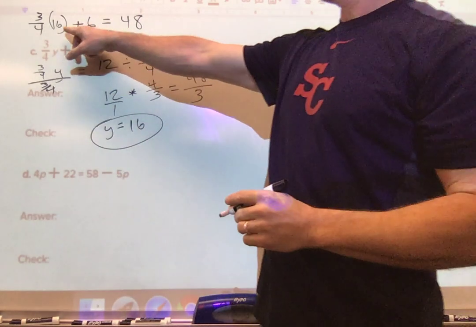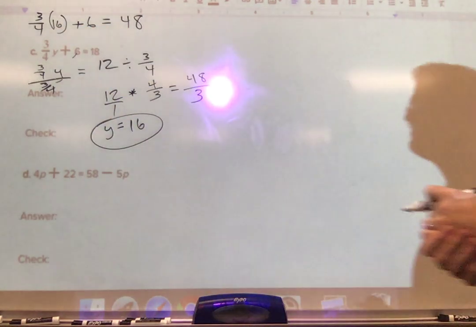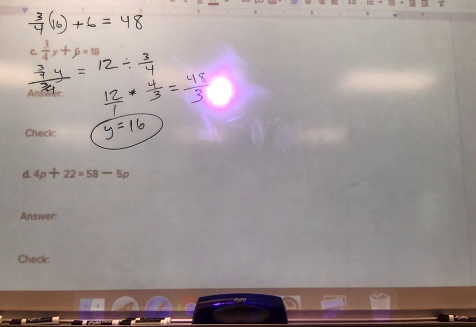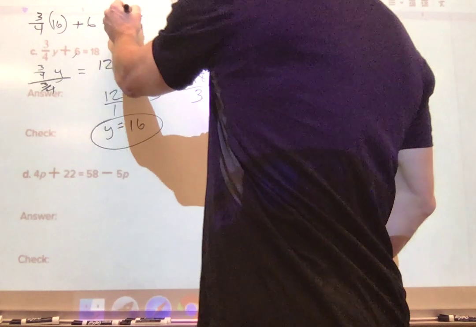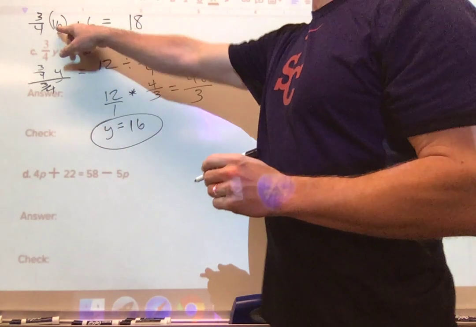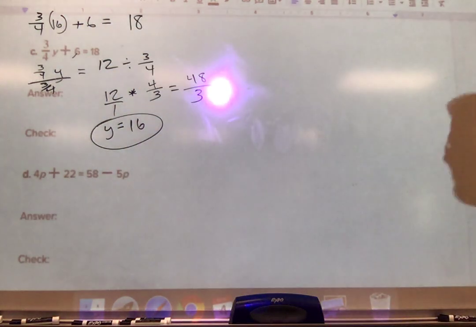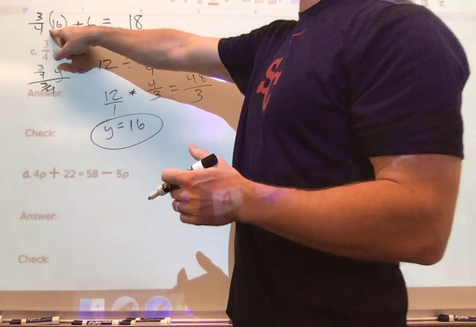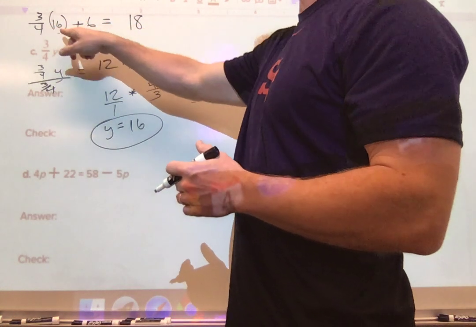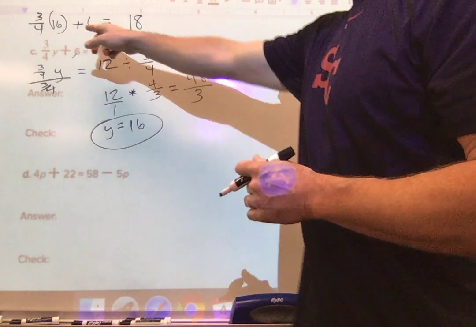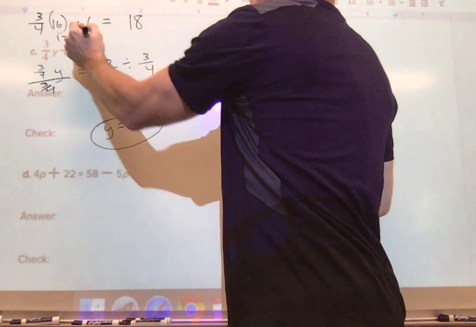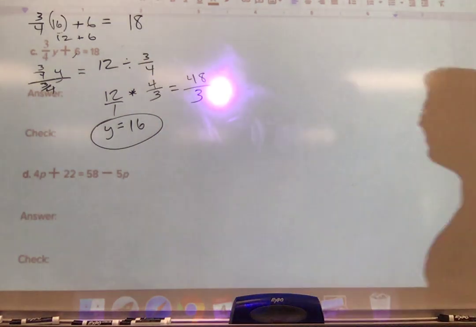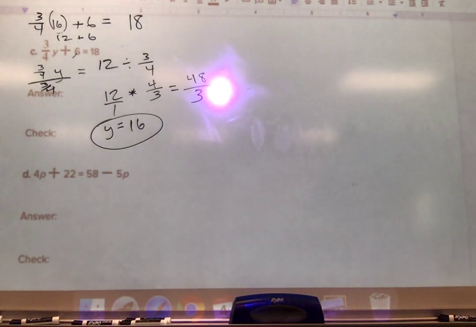If I do the work, 3/4 of 16 is 12. I know that, but you guys can do the math if you had to. So 3/4 of 16 is 12, and plus 6 equals 18. So we know that we did it correctly, and y has to equal 16.